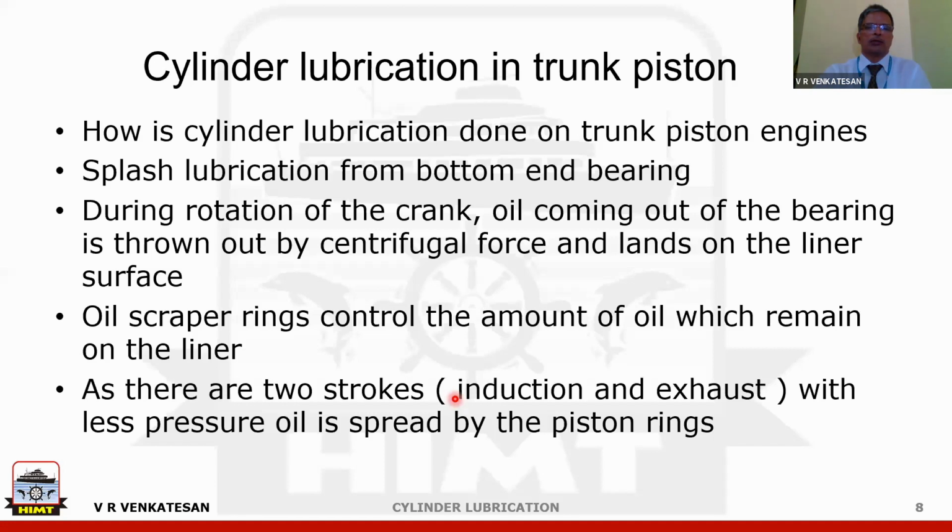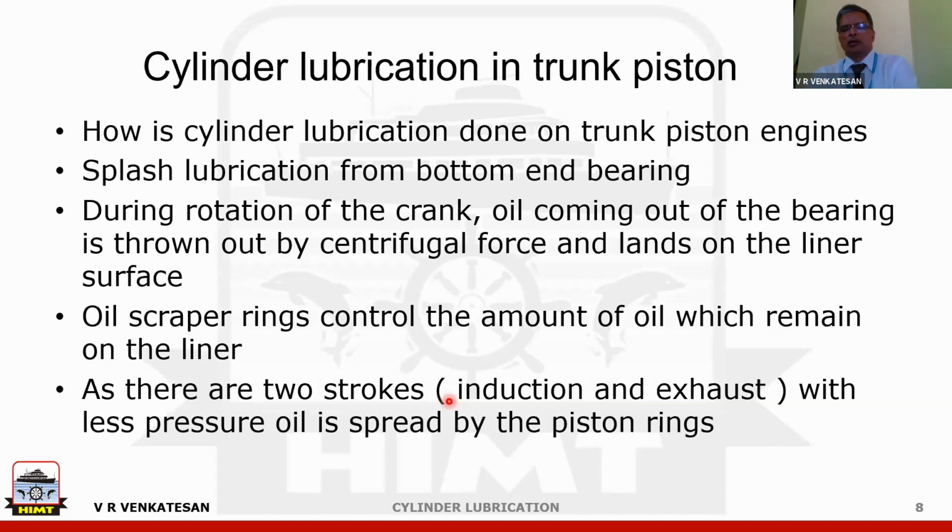We don't have 2-stroke trunk piston engines. As there are 2 strokes with less pressure, the oil is spread easily by the piston ring. The suction stroke is there, and especially during the exhaust stroke, piston rings will spread the oil.